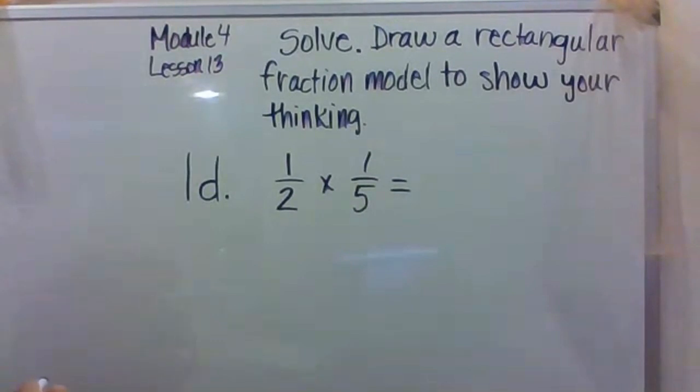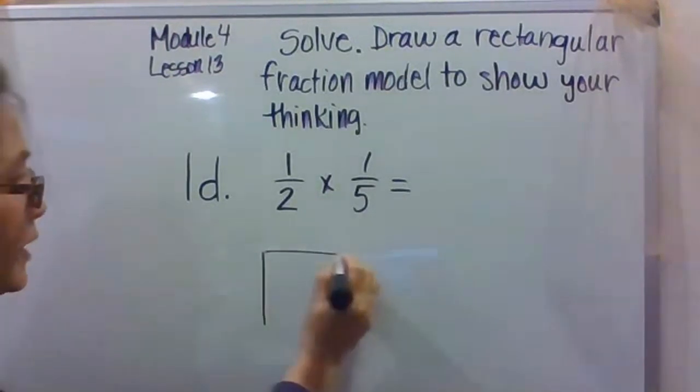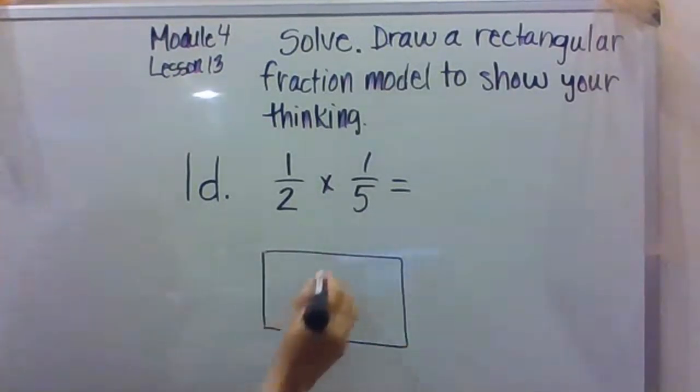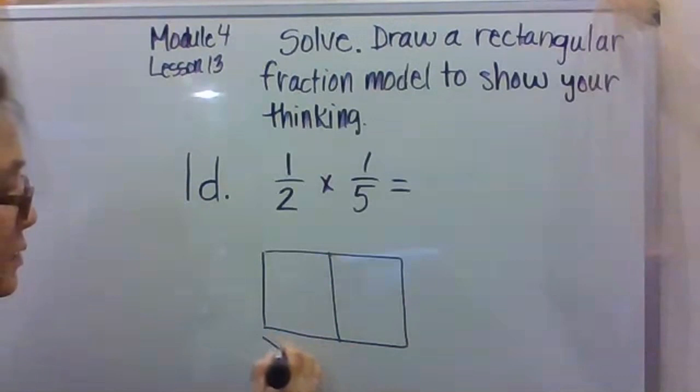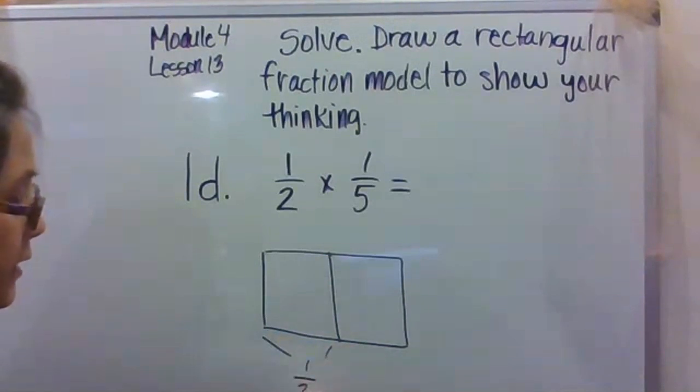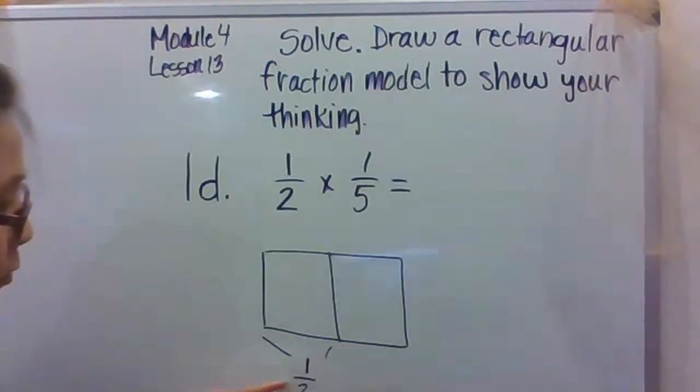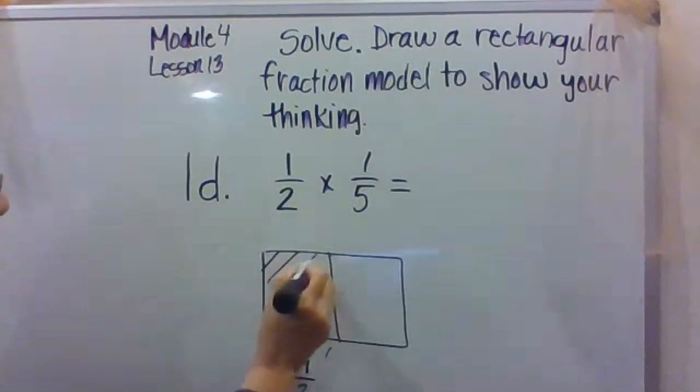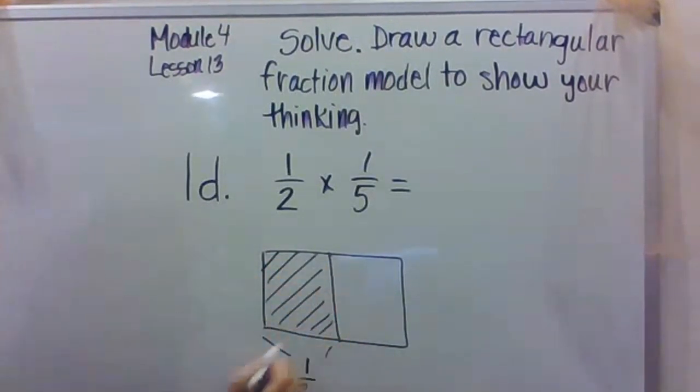So solve and then draw a rectangular fraction model to show your thinking. I'm going to start with my rectangular fraction model. I have to draw that and split it in half. And I need to shade 1 out of 2. So there's my 1/2.